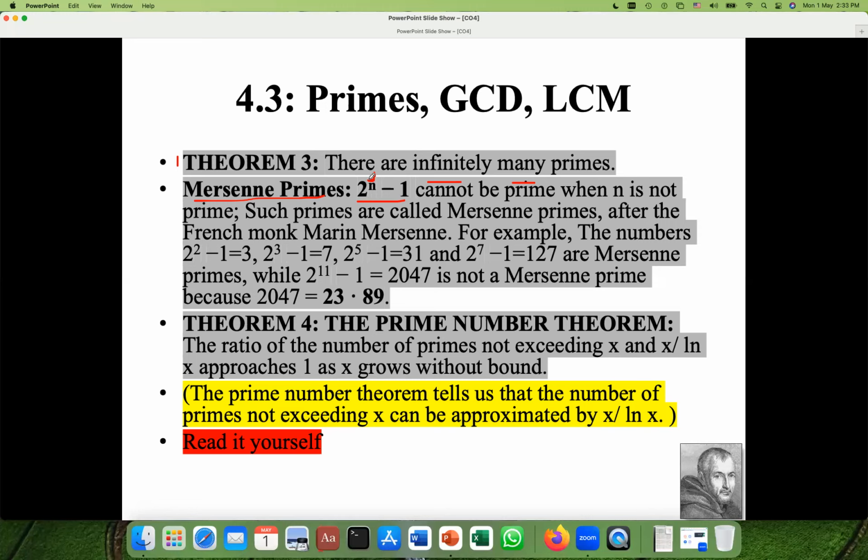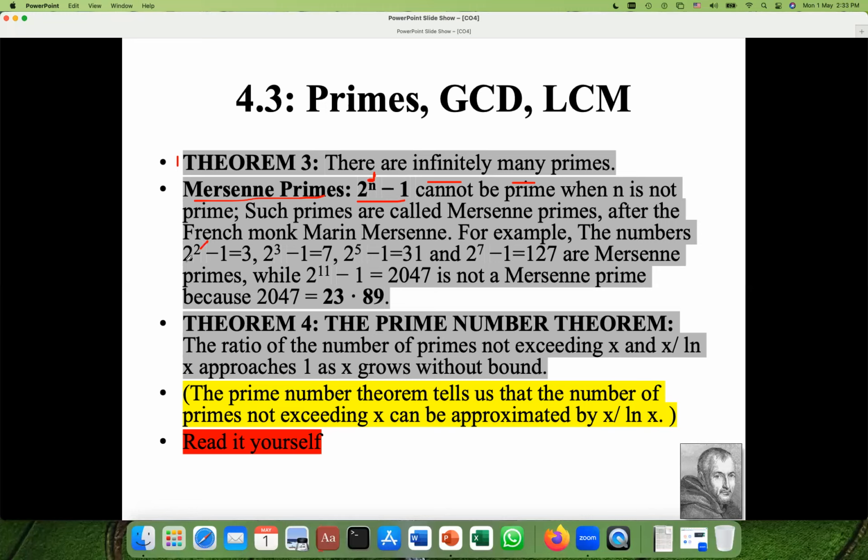So if this n is not prime, unlike 2, 3, 5, 7, 11, then this whole thing is not a prime. So for example, here 2^2 minus 1, where this 2 is a prime number.